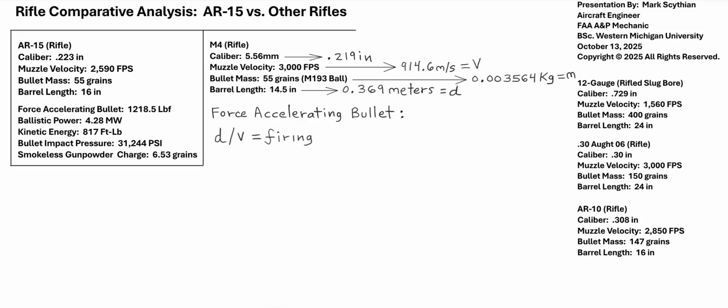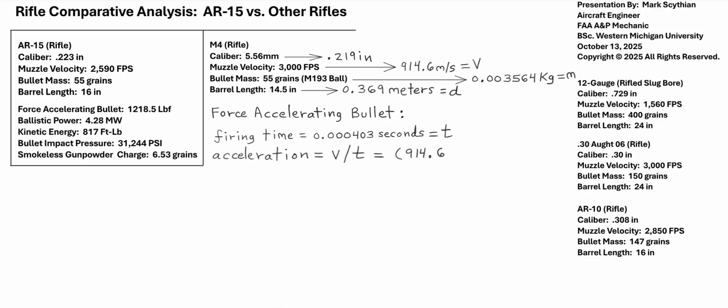So again, we use the same methodology. Calculate the firing time, the distance of the barrel in meters divided by the muzzle velocity in meters per second. So the firing time is established, we'll call that T. And acceleration is velocity divided by time. So that's the muzzle velocity divided by the firing time.